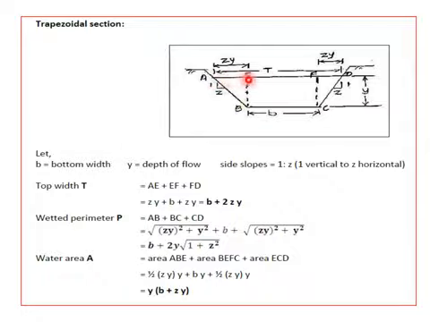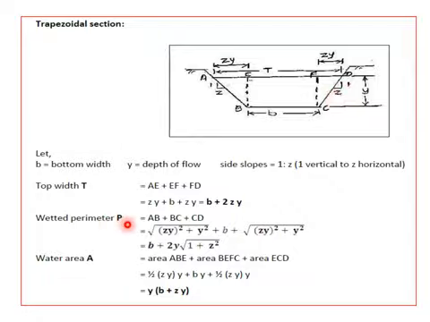Therefore the AE distance will be ZY, whereas FD also will be Z into Y. EF is equal to B. Therefore the top width has to be B plus ZY plus ZY, which becomes B plus 2ZY. Z is nothing but the horizontal corresponding to one vertical, so you have to be very careful in calculating the value of Z.